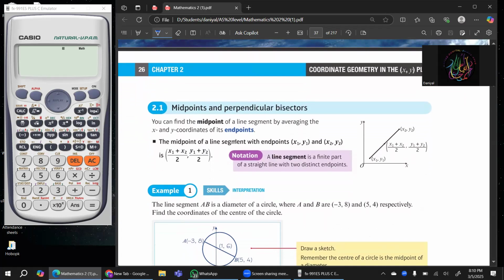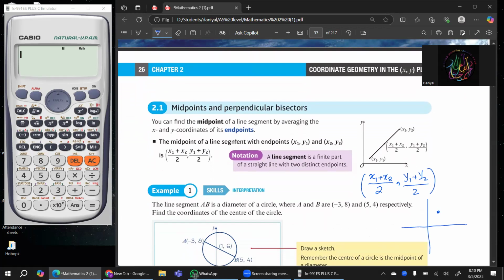we what formula do we have to apply? So the midpoint is found out by a formula which is x1 plus x2 over 2 comma y1 plus y2 over 2. Okay, so for example, if we have a line in coordinate system, let's draw a line.